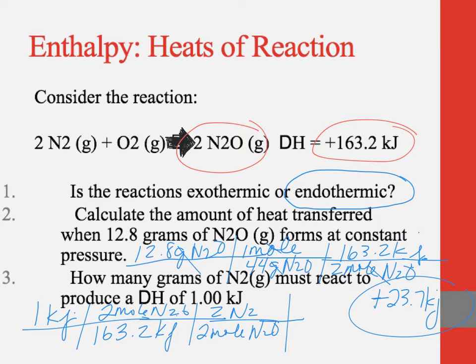And we know that 1 mole of N2 has a mass of 28 grams. So my kilojoules cancel, my moles of N2O cancel, my moles of N2 cancel, and you can cross out 2's even. I'm going to cross out this 2 and this 2. So 2 times 28 divided by 163.2 is going to give me 0.343 grams.